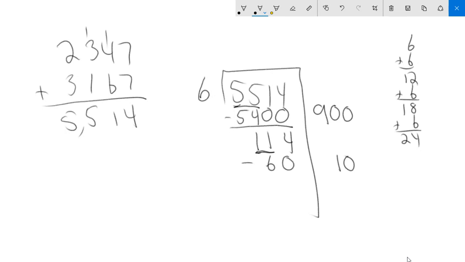So I can take another 60 of them away. When I subtract, 114 minus 60 makes 54. So I have 54 magazines left that I still need to split up. These 54 magazines still need to get split into 6 groups. So let's do it again.